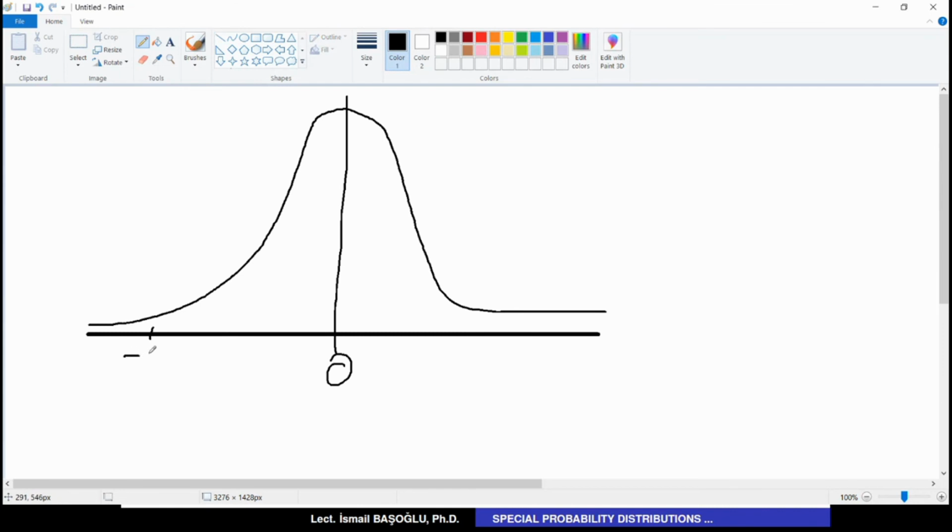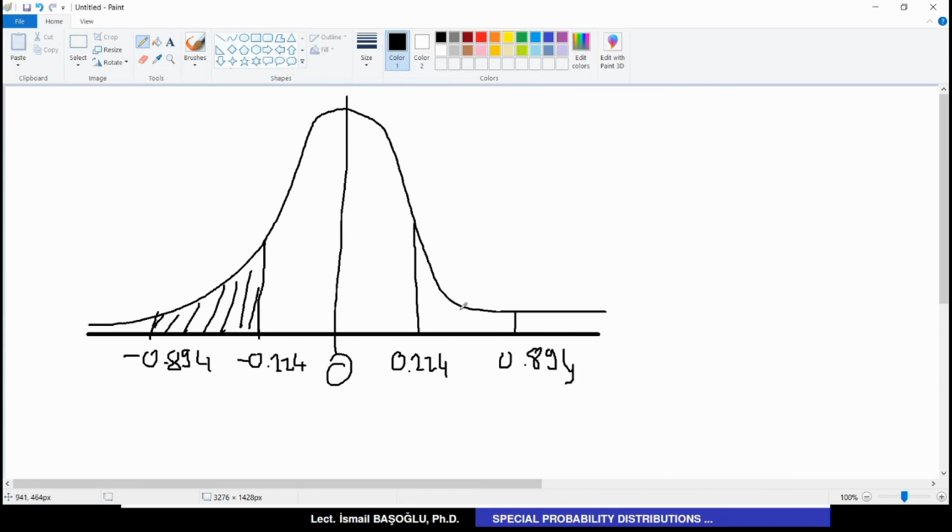We have minus 0.894 here, and we have here minus 0.224. How do we find this area? By looking at the positive counterpart of it. Because the PDF is symmetric around 0, we say that we can calculate the area between 0.224 and 0.894.